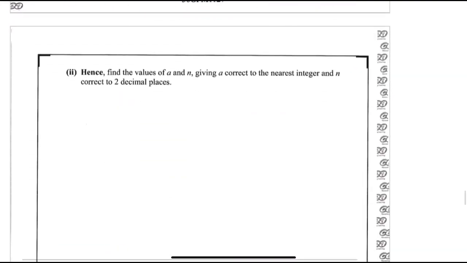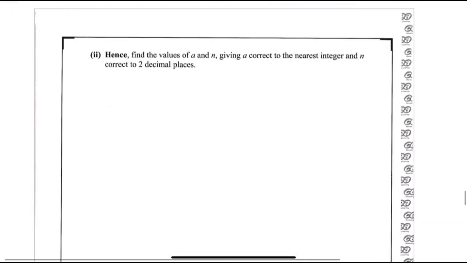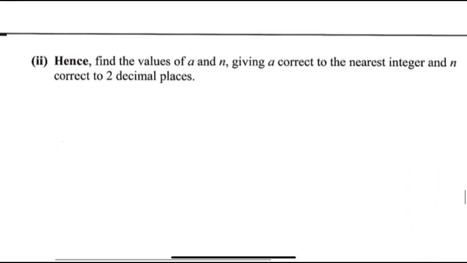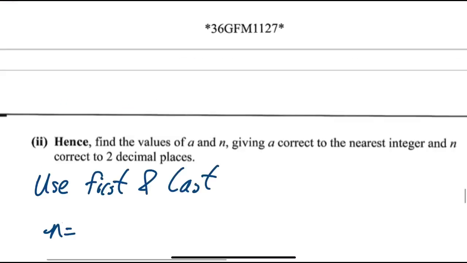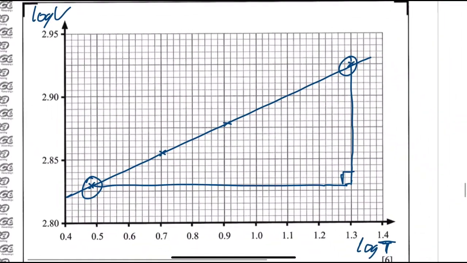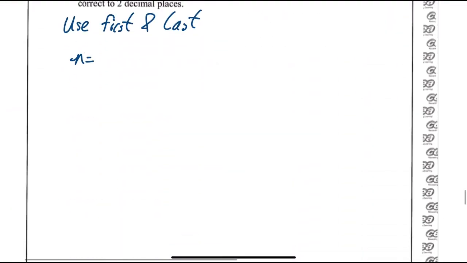So for n, what I'm doing here is I'm using the first and the last. I wouldn't write this down, but that's what I'm using. From your graph, you make it look like you're using your graph by drawing this triangle in, and then you just use what you knew.